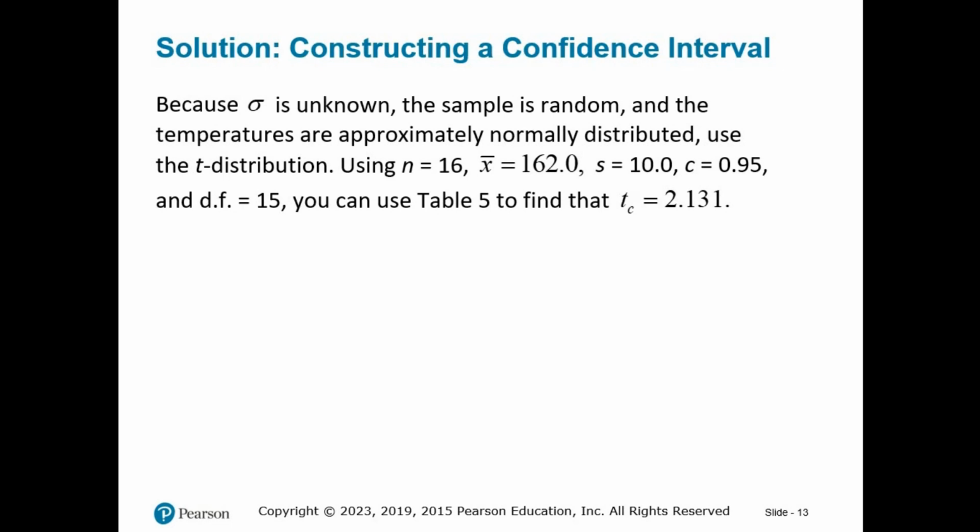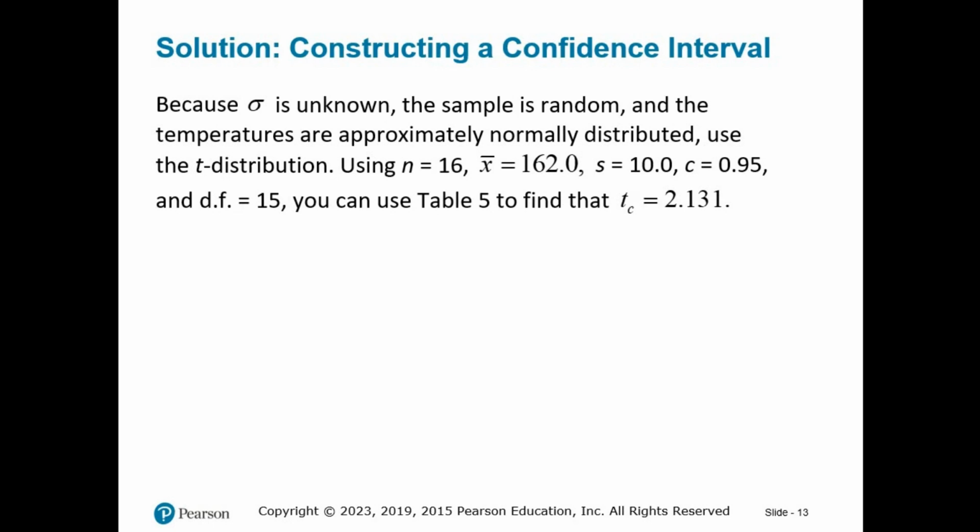We have n equals 16, x bar equals 162, s or sample standard deviation equals 10, c or confidence level is 95% or 0.95, and degree of freedom is 15. We can use the table or our calculator to find that t sub c is 2.131.